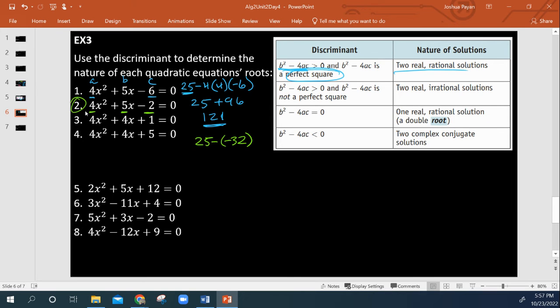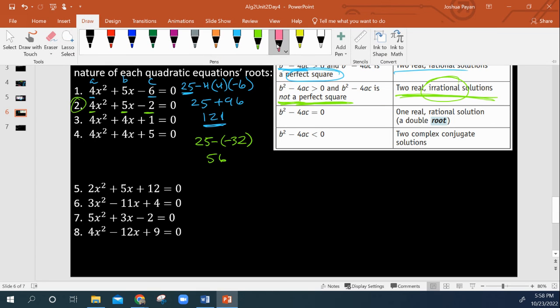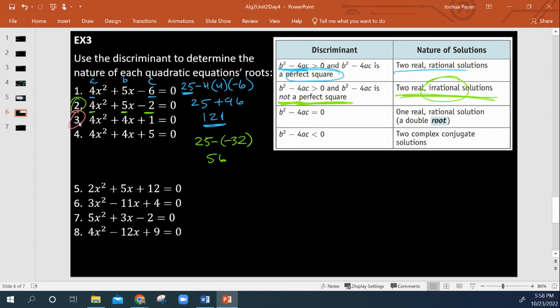Right, so we're going to now have 56. Okay, so this here means it's not a perfect square, and there's going to be two real rational solutions, okay? Or irrational, sorry.